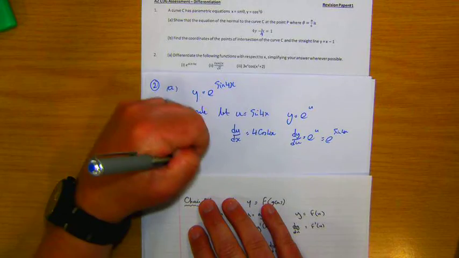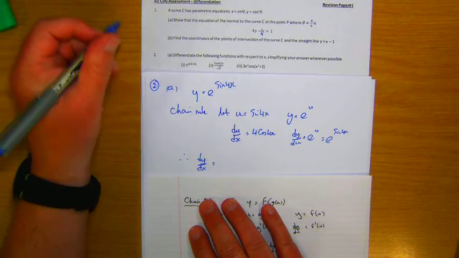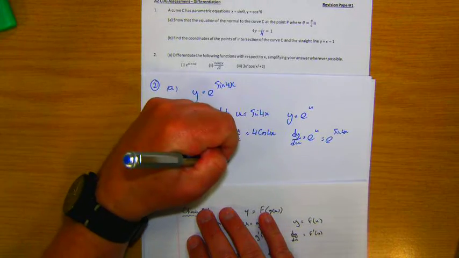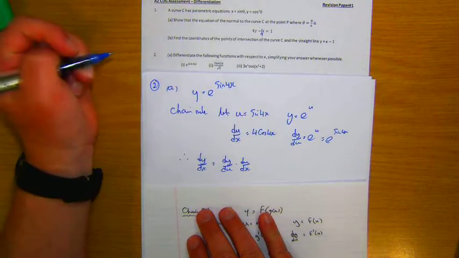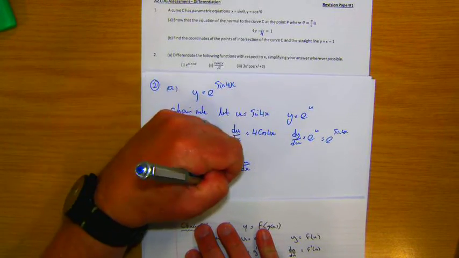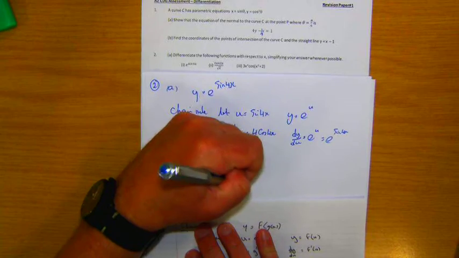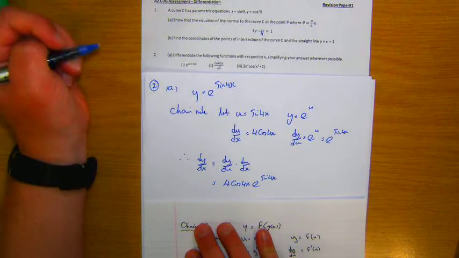So therefore, dy dx will be dy du times du dx, which is 4 cos 4x e to the sine 4x.